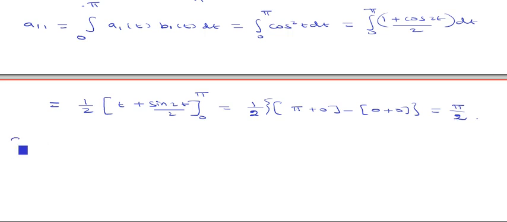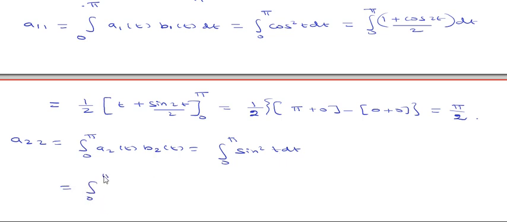Similarly we can find a22. a22 is the integral from 0 to pi of a2(t) times b2(t) dt. Here a2 is sin t and b2 is sin t, so it is the integral of sin squared t dt, which is the integral of (1 - cos 2t)/2. Integrating gives 1/2 times [t - sin 2t / 2] from 0 to pi.